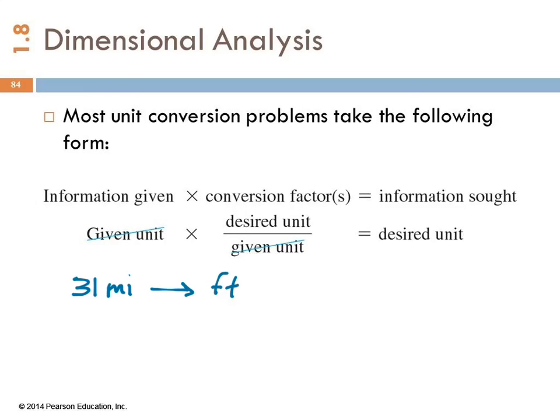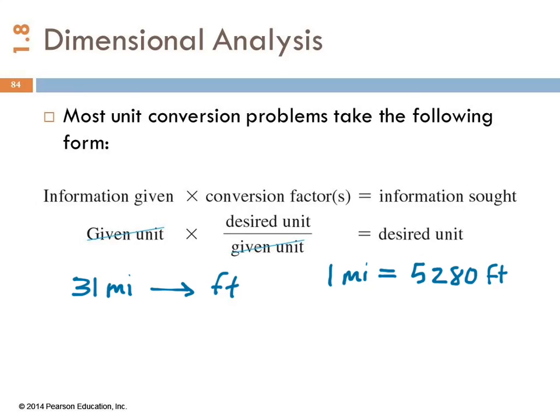What's the relationship between miles and feet? 1 mile is 5,280 feet. Some of us remember that. I don't expect you to remember that. A mile is 5,280 feet. You can always look that up.